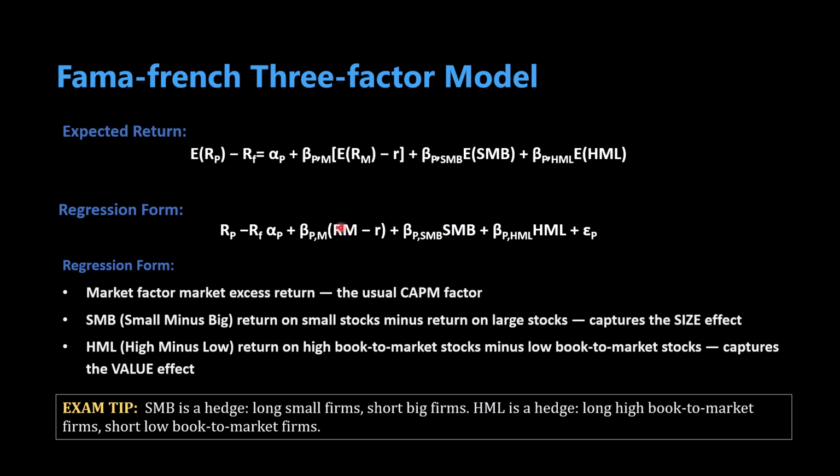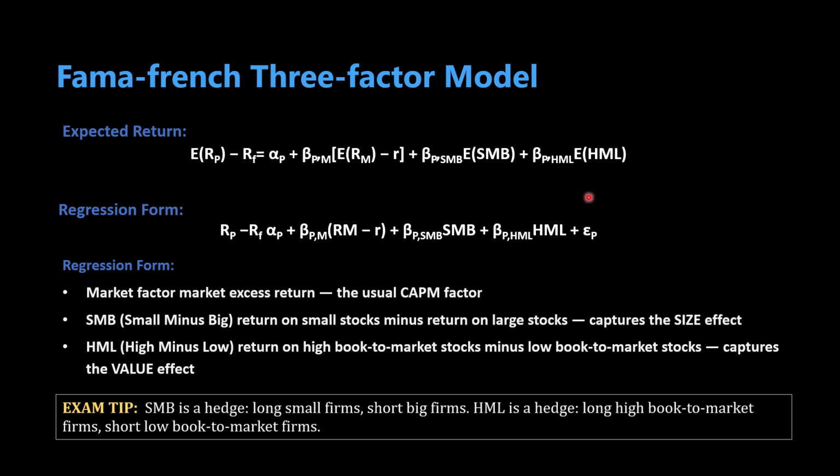In this formula, the expected return is a function of alpha here, which is abnormal return not explained by these 3 factors and can be manager skill if persistent, plus the market risk factor as defined by capital asset pricing model CAPM, plus the size factor, which is the difference between large cap return and small cap return, shown as SMB. Small firms are riskier than large firms, and therefore the expected return from them are on average higher.